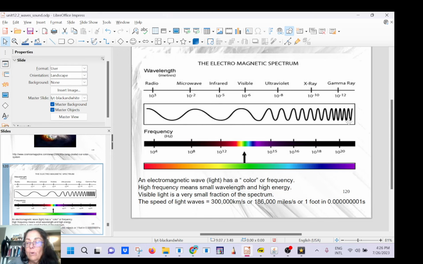This is short wavelength and high frequency, and this is large wavelength and low frequency. So everything here can be dangerous. Everything here is safer. Okay. And light moves at the speed of light in vacuum, which is 186,000 miles per second.